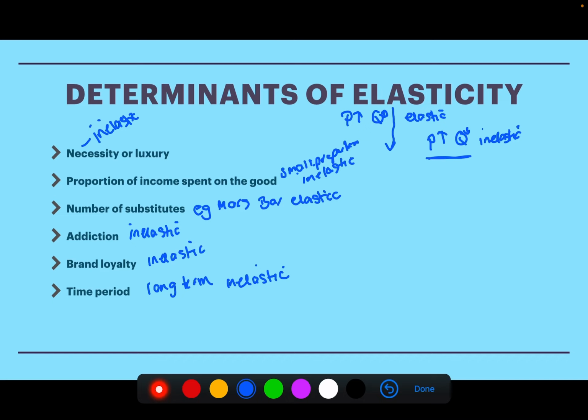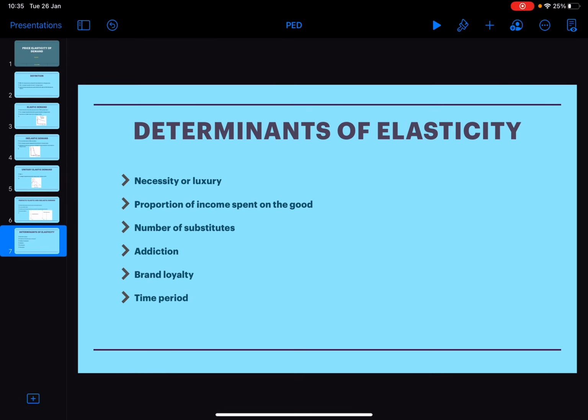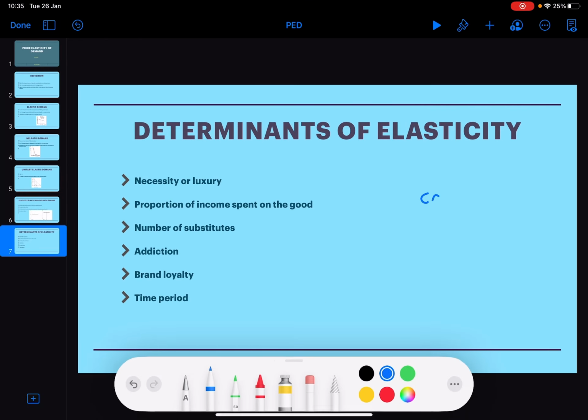Now what you'll find is that you could take an item and you could think some of these points suggest that that item has elastic demand, and some of these things suggest that the item has inelastic demand. So for example, you might take something like a can of Coke. Necessity or luxury?